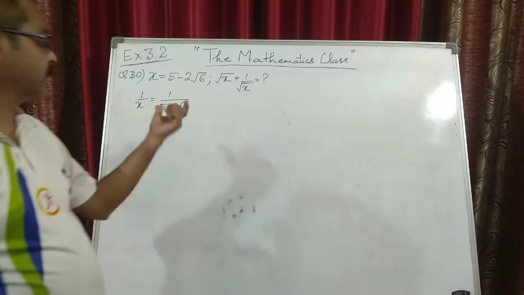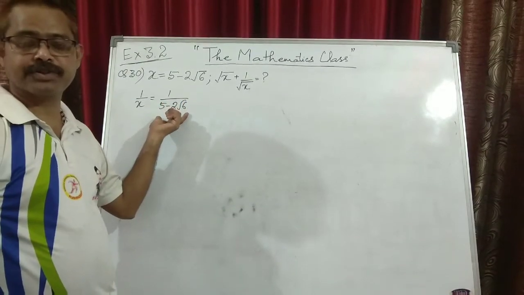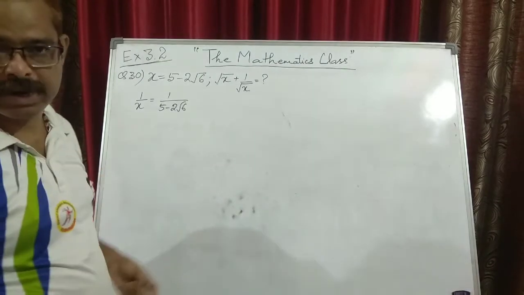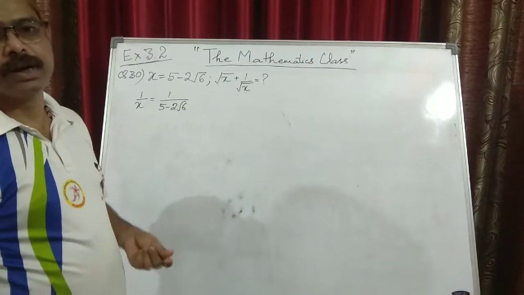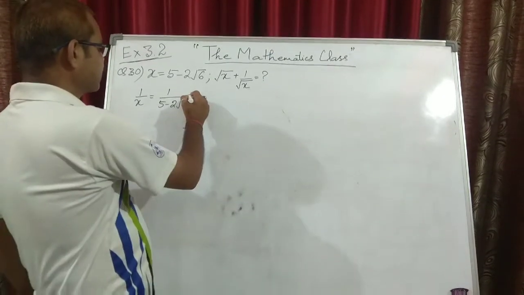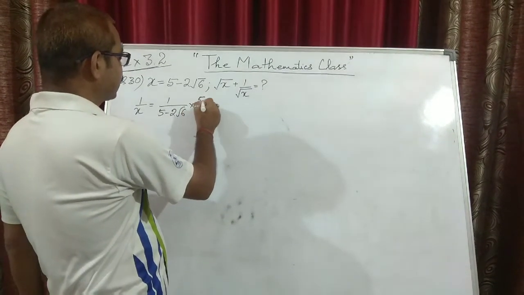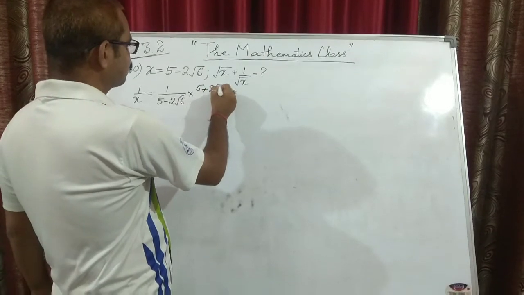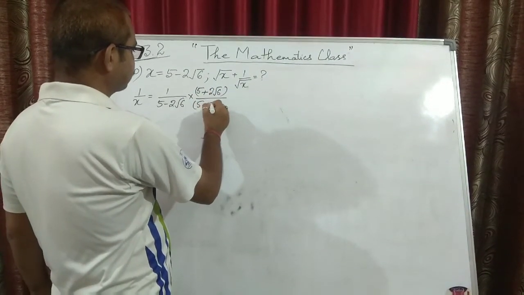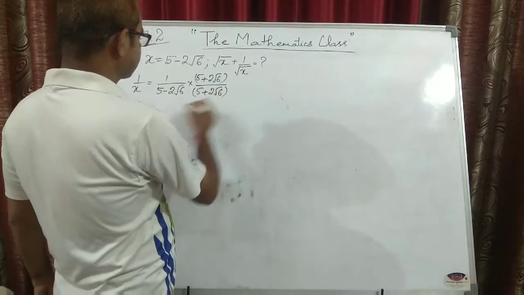Since the denominator is irrational, we will rationalize the denominator, means we will multiply by the rationalizing factor or conjugate, that can be written as 5 plus 2 root 6. So we will multiply 5 plus 2 root 6 in the numerator and at the same time 5 plus 2 root 6 in the denominator.